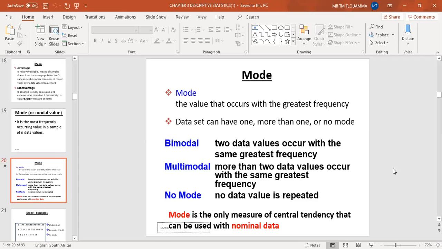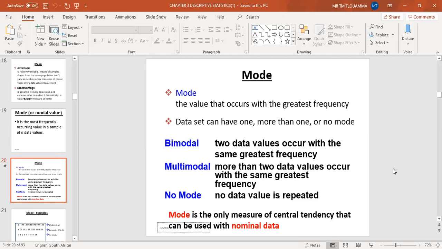In grouped data, you check the number which occurs with the greatest frequency. Whenever we see the highest frequency, that is our mode; it tells us that number occurs most often compared to other values, right?